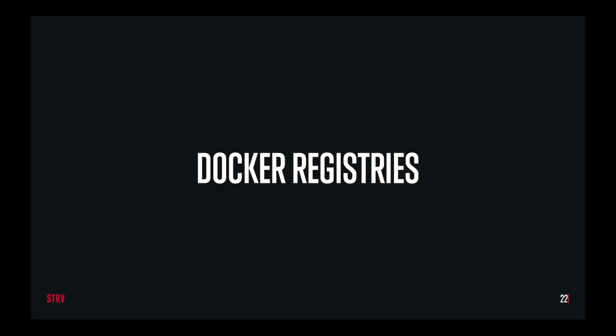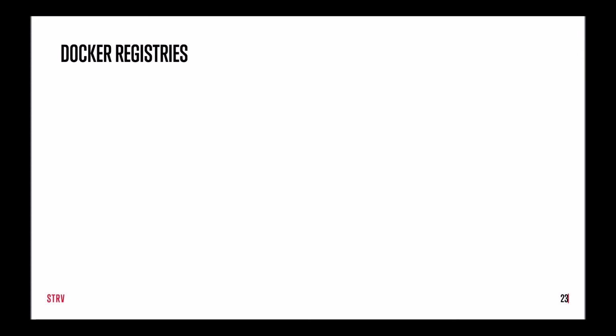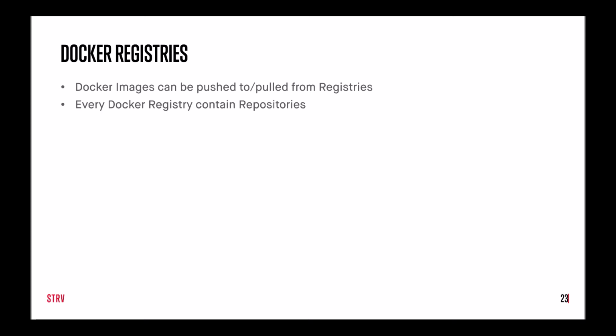I don't know if you remember that previously I talked about the registry, which is like a repository. The Docker registry is part of the architecture of all of this. Docker images can be pushed to or pulled from registries. Every Docker registry contains repositories, and every repository matches a single Docker image namespace.